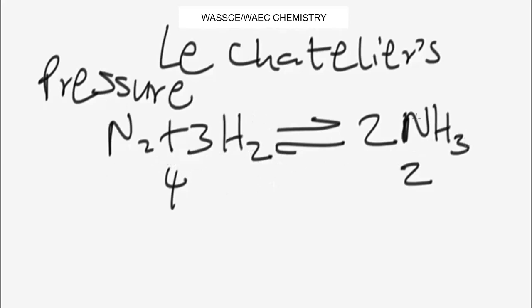So decreasing the pressure will cause the equilibrium position to shift to the direction where there are more molecules of gas, whereas increasing it will cause the equilibrium position to shift in the direction where there are fewer molecules of gas. Very, very important, guys. So that's it for pressure effect in a system under Le Chatelier's principle.